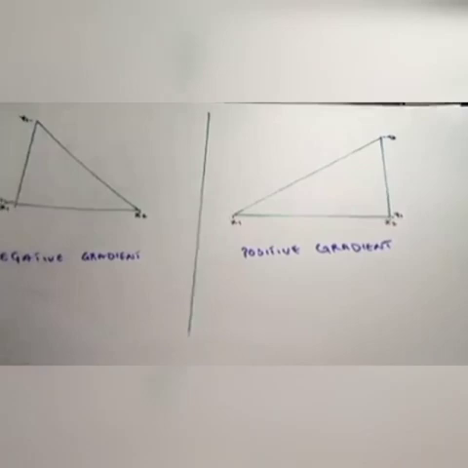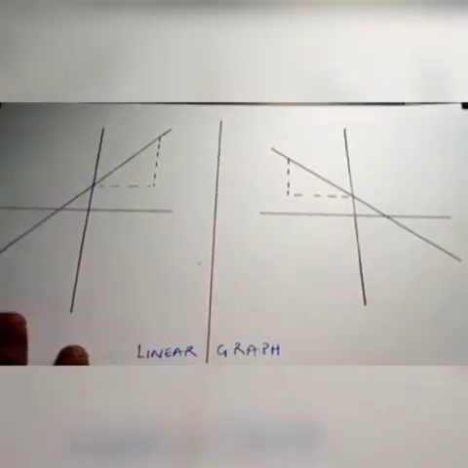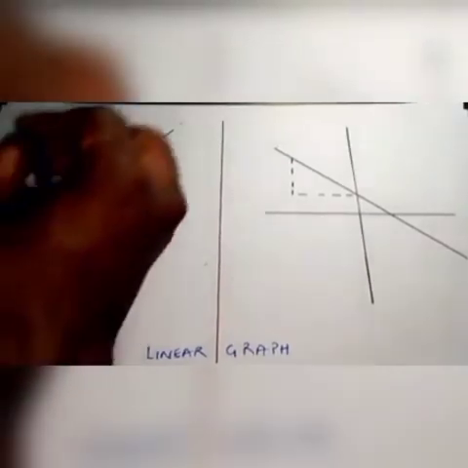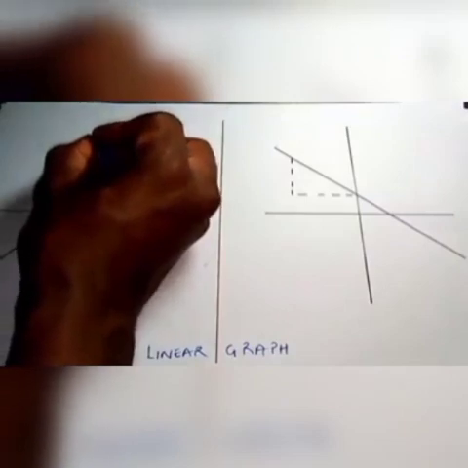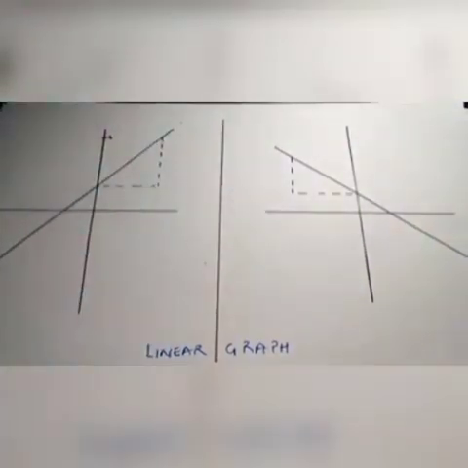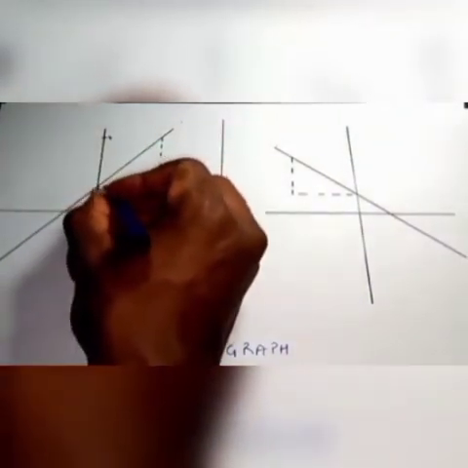What you need to do when you are looking for gradient is trace the points. After drawing the triangle, you have to trace the points to get to y1. So let's say this is the linear graph. Let's say the point here is 5, and let's say the point here is 3.